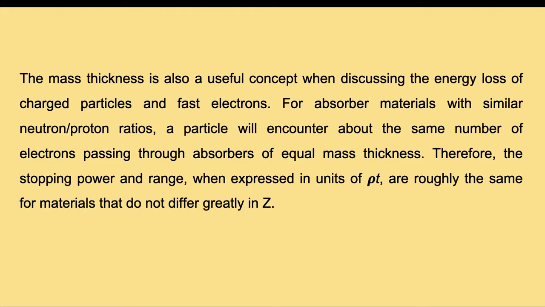Therefore, the stopping power and range when expressed in units of rho t are roughly the same for materials that do not differ greatly in Z. So if Z is almost the same, this term rho t will be nearly the same. T may be different, but your rho is also changing. When rho increases, t decreases, so that product rho t remains the same.